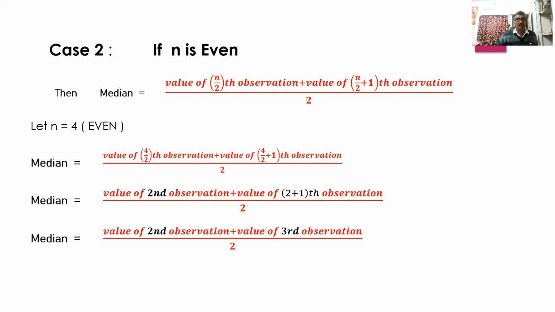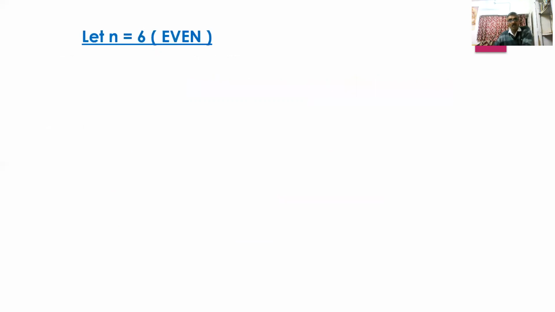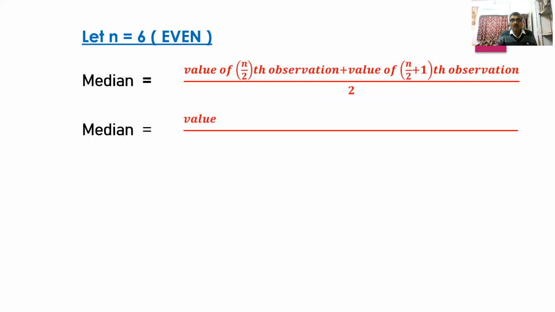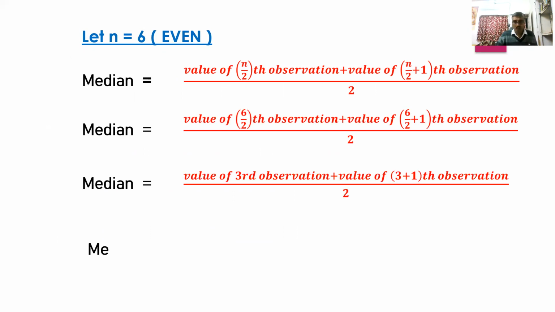Now come to the next. Let n, the number of terms, be even, equal to 6. Then median is equal to the mean of 6 by 2, मतलब third, and 6 by 2 plus 1, मतलब fourth observation.